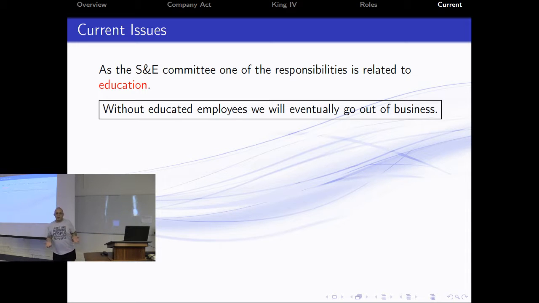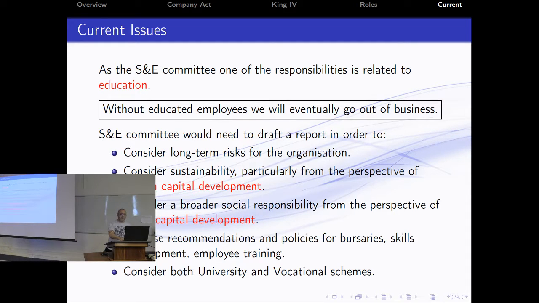Now, we can't, obviously, as a committee, answer all the questions in one go, but there are certain things that we need to think about. Firstly, we need to consider what the long-term risks are. If in 20 years' time we don't have the correct makeup of the kind of employees that we would want to employ, we're going to be in trouble.